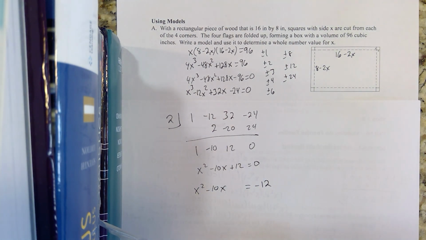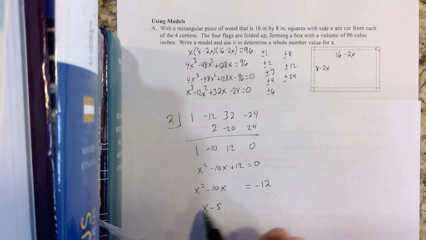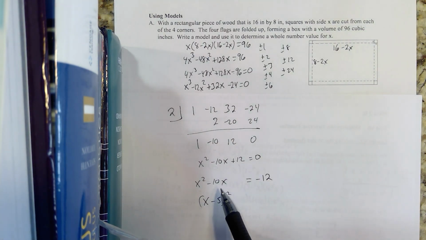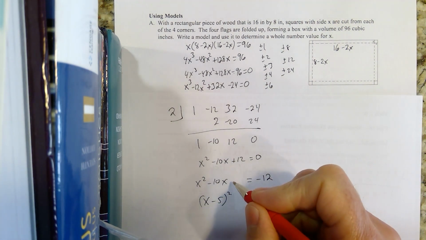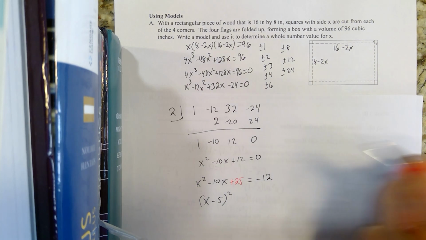Okay, so for completing the square, we want the constant on one side. This is the one time we don't want our equation equal to 0. Then we're going to take half of this b value. Right, so the only way that this guy will be a perfect square is if it's x minus 5 squared. Okay, well, if it's x minus 5 squared, I need 25 right there.